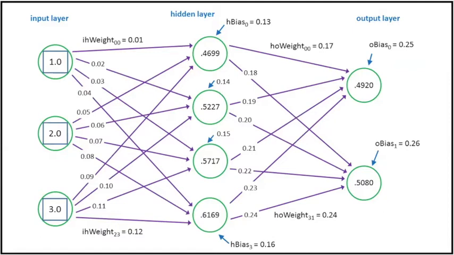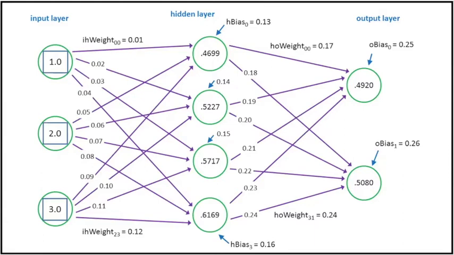And then basically how the data moves from input to output is, say we take the top node in the hidden layer there, then you see the three arrows pointing at it. You take the value of 1 from the top input and multiply that by 0.01, which is on the arrow connecting that input to the node. You then take the next input, which is 2, and multiply that by 0.05, which is on its arrow.